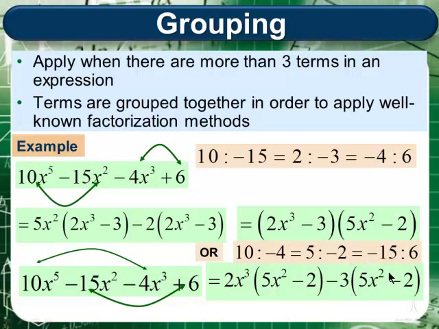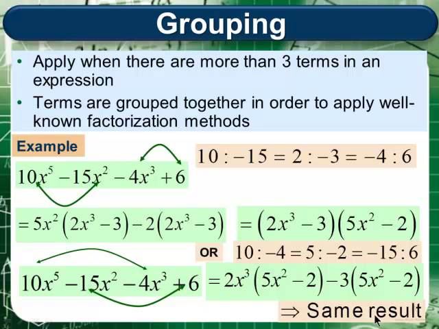We create a common factor which can be factorized using our particular skill that we have seen earlier on, the common factorization process, and in the end it gives us exactly the same expression as before. The common factor 5x squared minus 2 multiplied by, in brackets, 2x cubed minus 3, which is the second factor of the factorization.